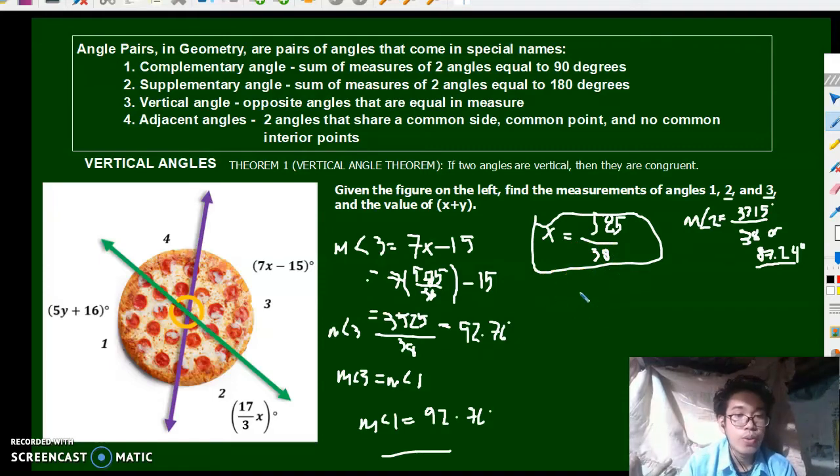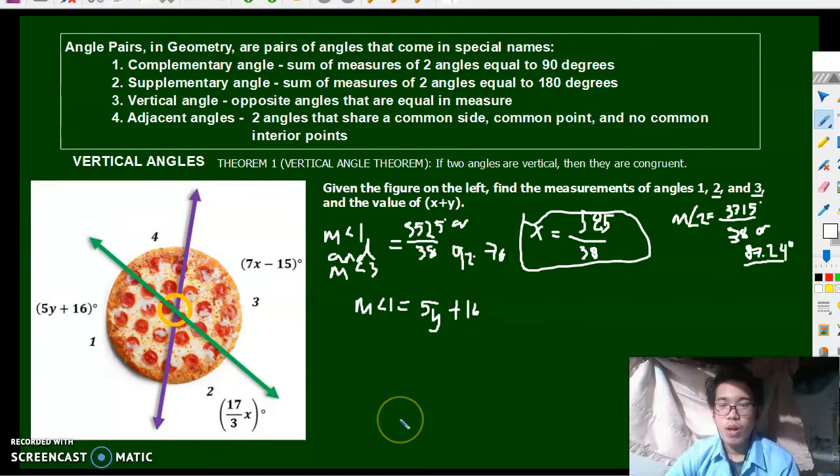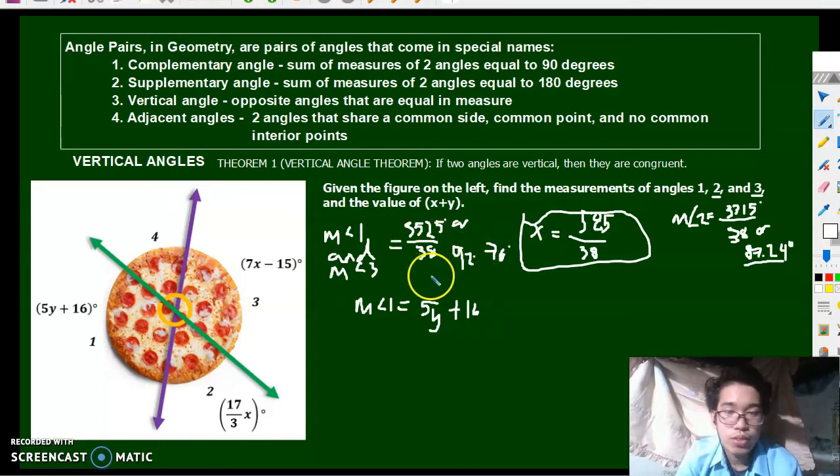Now we only have to find the value of y. Moving forward, we have here the measurement of angle 1 is equal to 5y plus 16. We already solved the measurement for angle 1 and 3, which is 92.76 degrees, or 3,525 over 38 degrees.